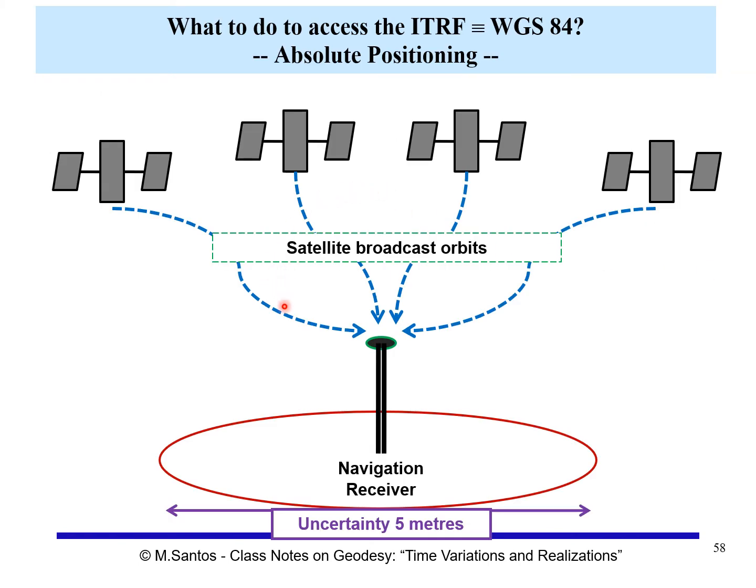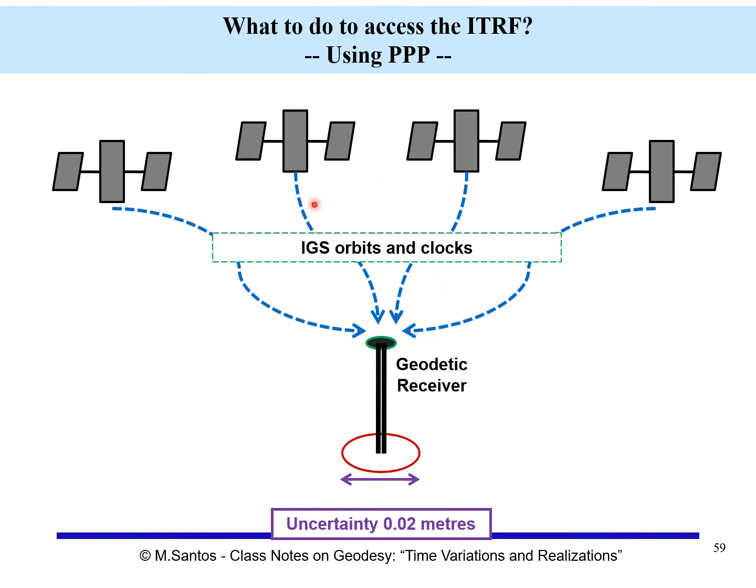Here's a diagram just indicating the WGS84 satellite broadcast orbits, the uncertainty 5 meters. And now we have the same diagram, but indicating that we're using IGS orbits and clocks. So the uncertainty now, and we use also carrier phase, is of course at the centimeter level.